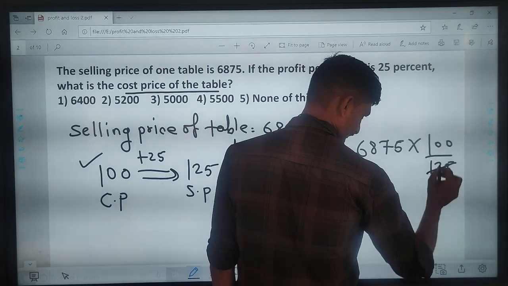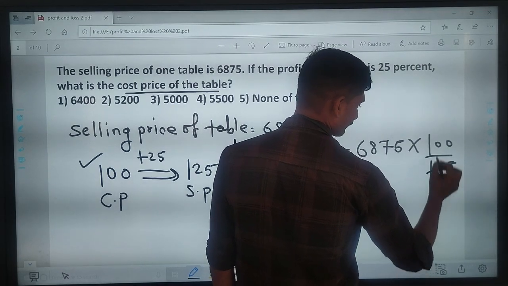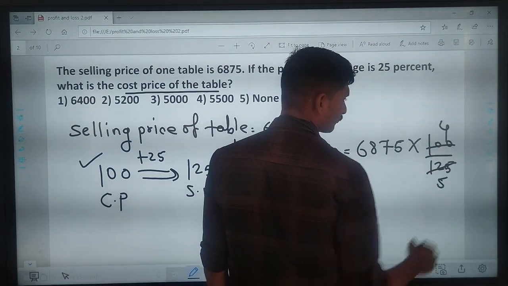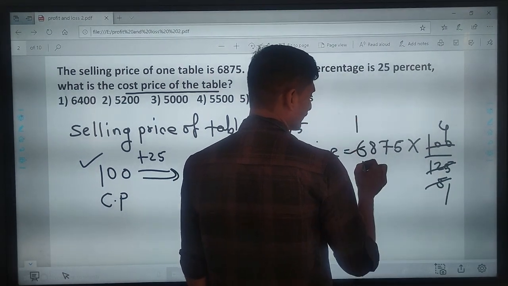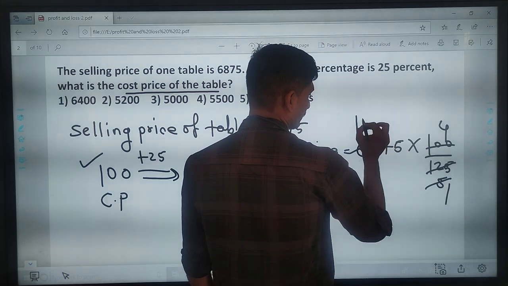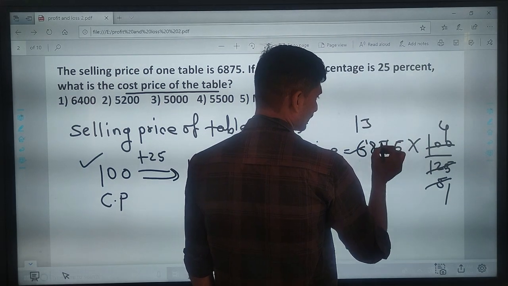Then 5 25s are 25, 5 5s are 25. Here 5 1s are 5, 5 3s are 15.